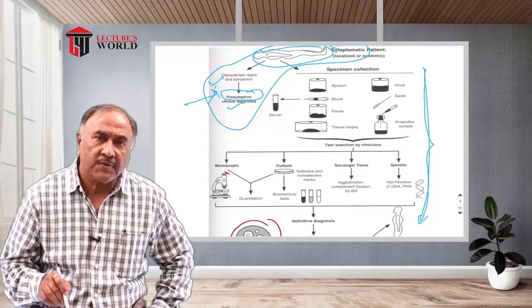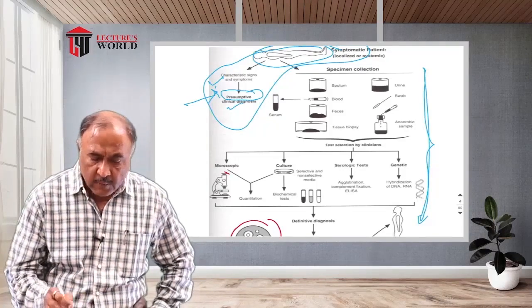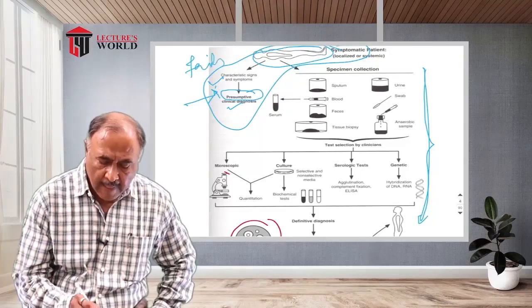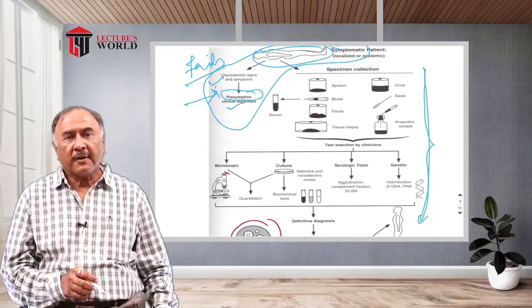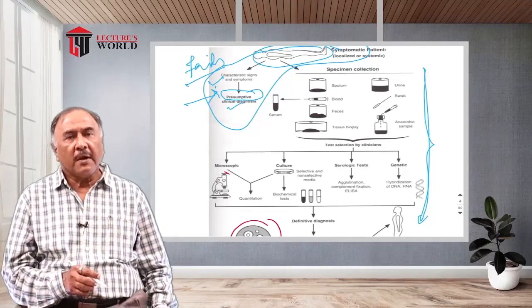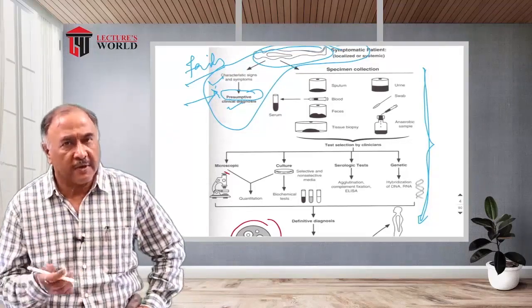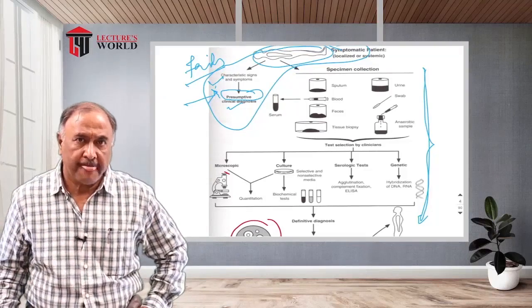And these things are also essential when this presumptive clinical diagnosis fails. Fails in the sense that even after giving him a few doses of the antibiotics or the drugs, the patient does not show any improvement.